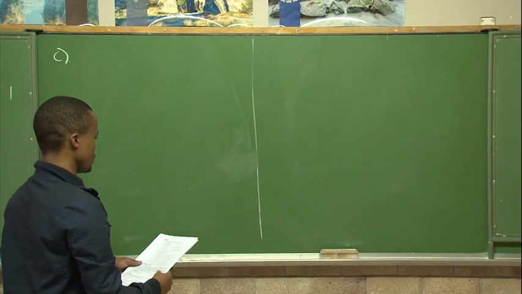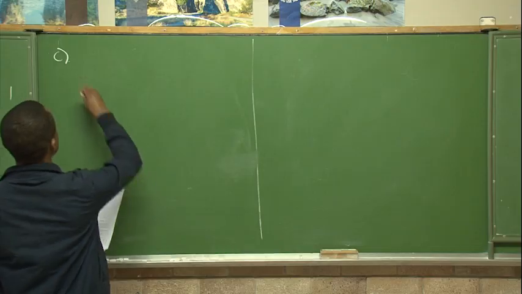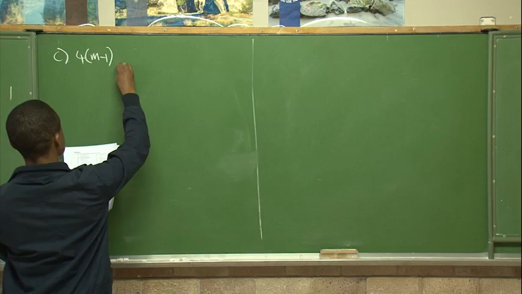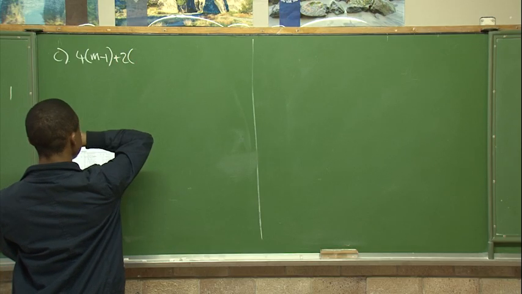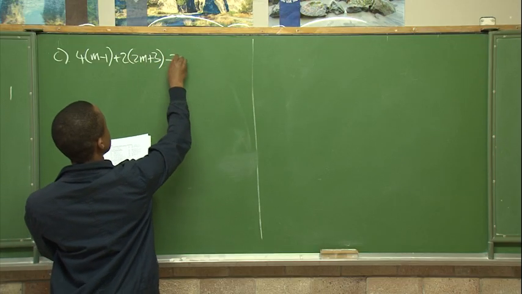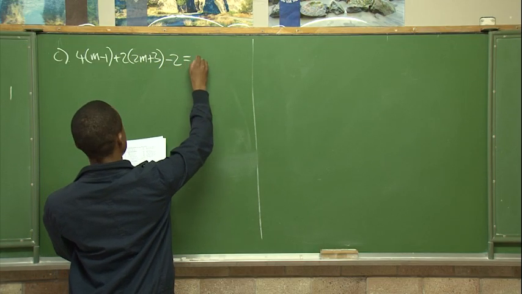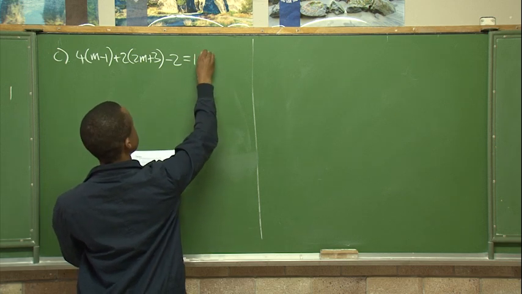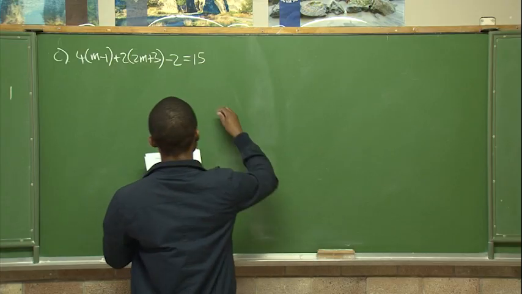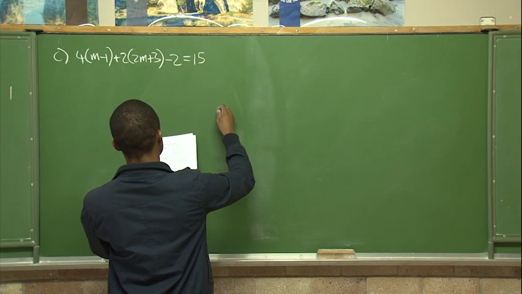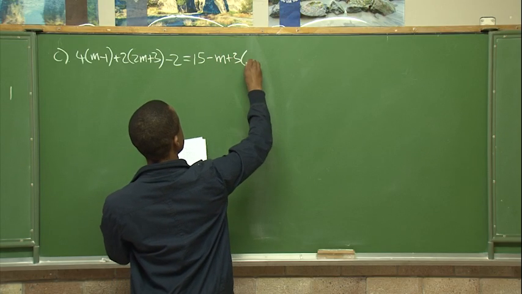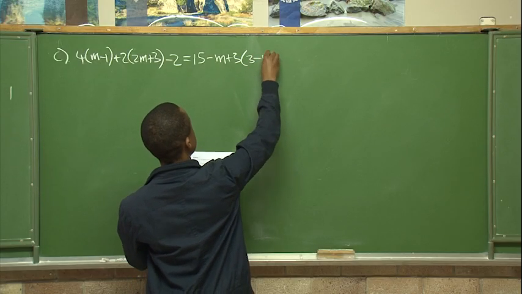Right, in the next example, we have 4 times the bracket of m minus 1, plus 2 times the bracket of 2m plus 3, minus 2, is equal to 15 minus m plus 3 times the bracket of 3 minus m.